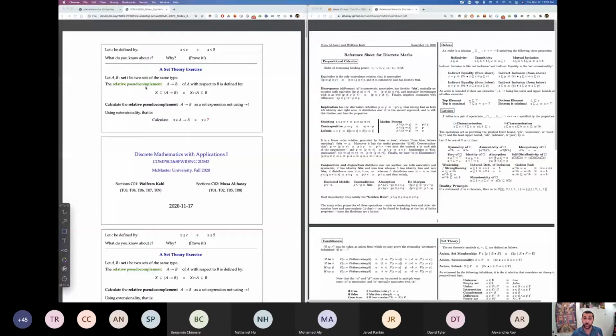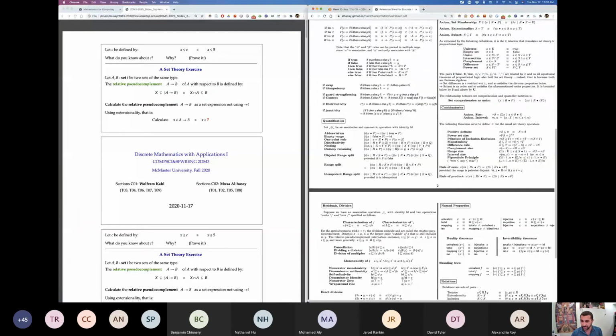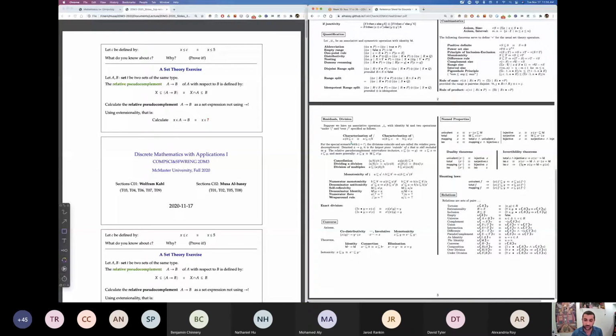We talked about residuals before in assignment 3. Residuals are given for the case of meets. Residuals are also known as relative pseudo-complements. So you get to see another version of division again: integer division, implication, and then implication for sets is called the pseudo-complement.